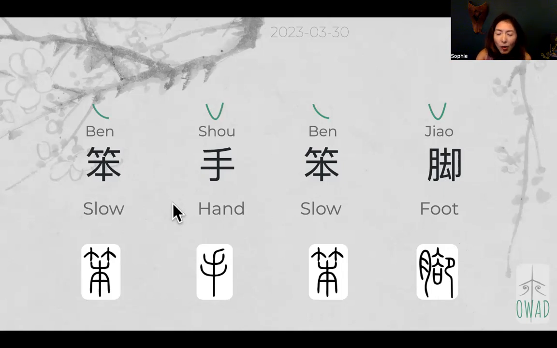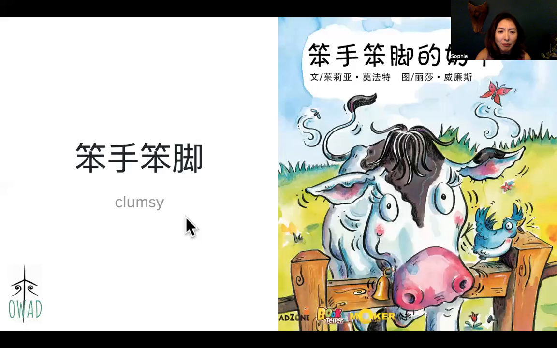Slow foot, slow hand. What does that mean? Okay, it's a Chinese way to say somebody is clumsy. And clumsy in the English definition most likely does not necessarily mean that somebody is moving slow. It could mean somebody moving in an uncoordinated way, so it's knocking off things. That's the kind of clumsy.